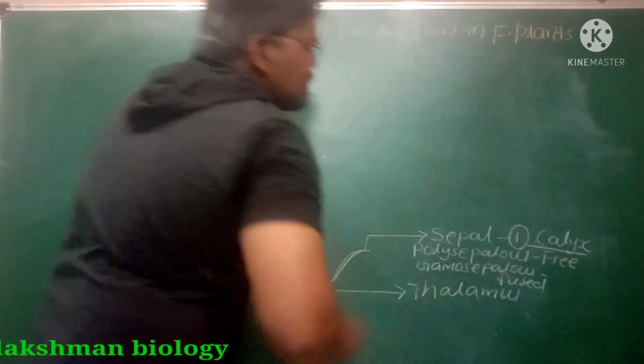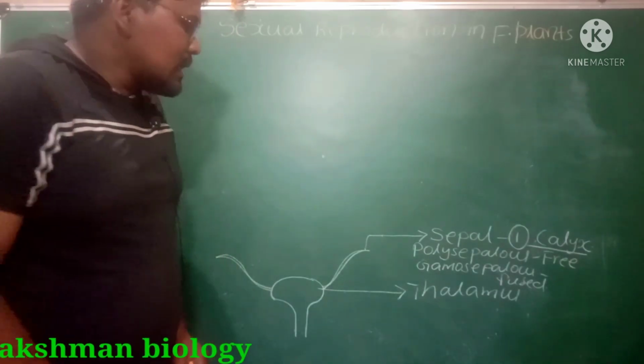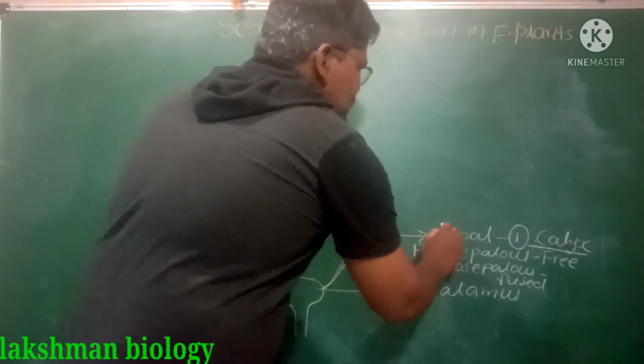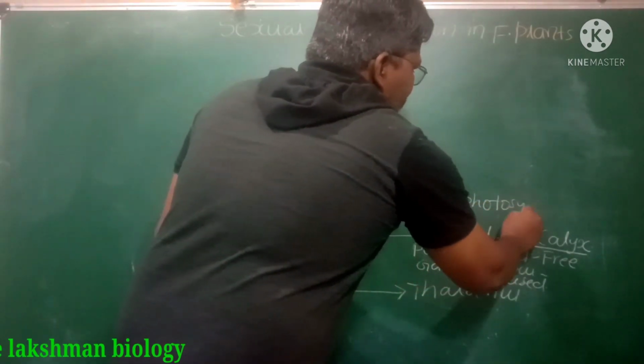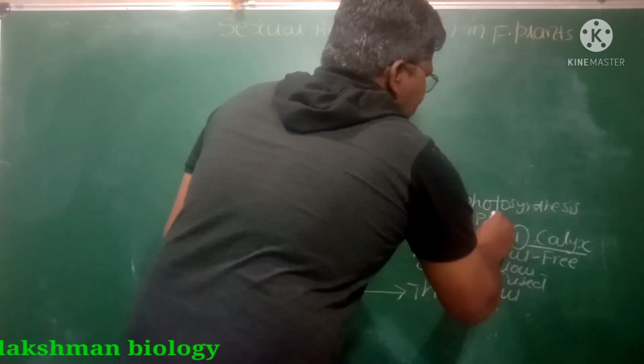Then the sepals are mostly green in color and are used for photosynthesis and protection.